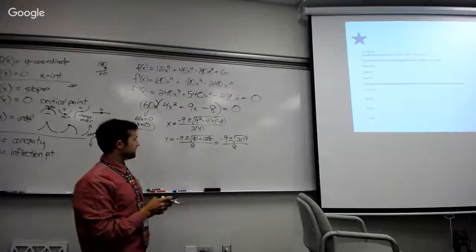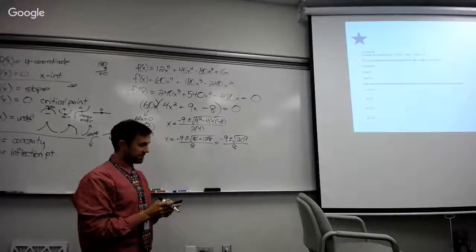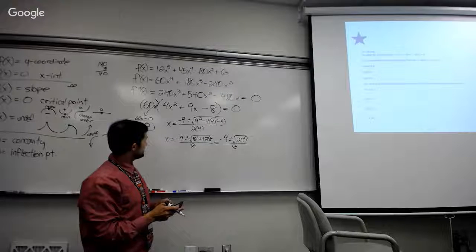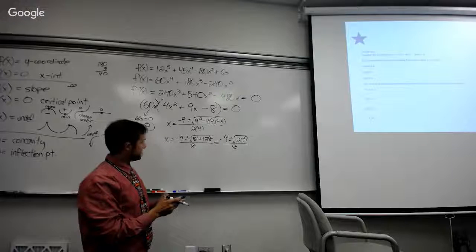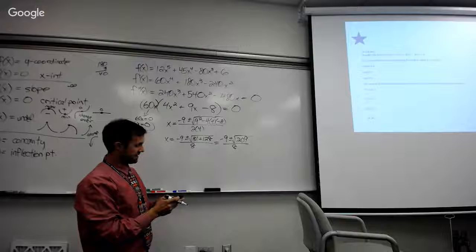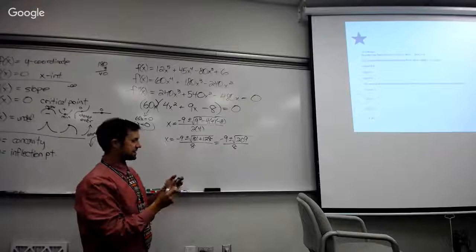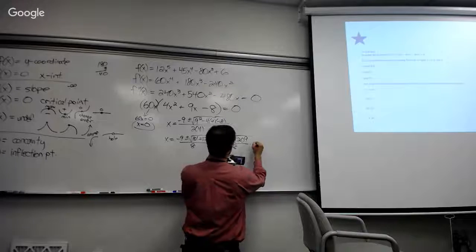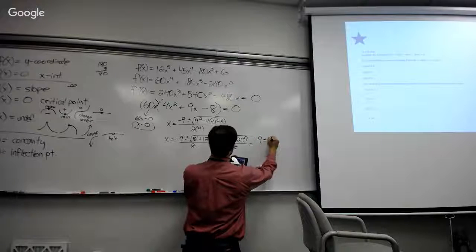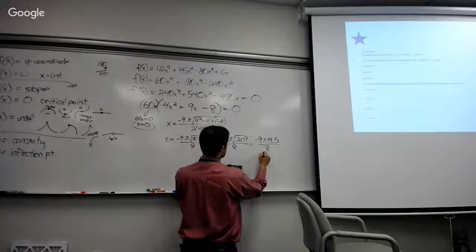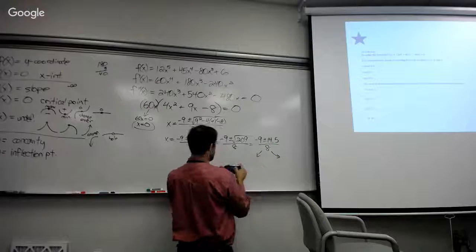Now right off the bat, that does look a little unfortunate because the square root of 209 doesn't simplify. So we could always get a decimal approximation. I think that's not a terrible idea. If we did a decimal approximation, we have negative 9 plus or minus 14.5 all over 8. So we have two different values.